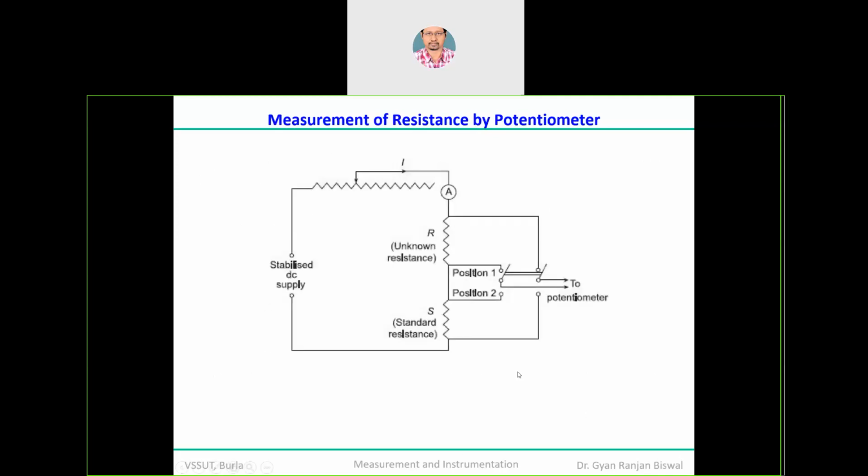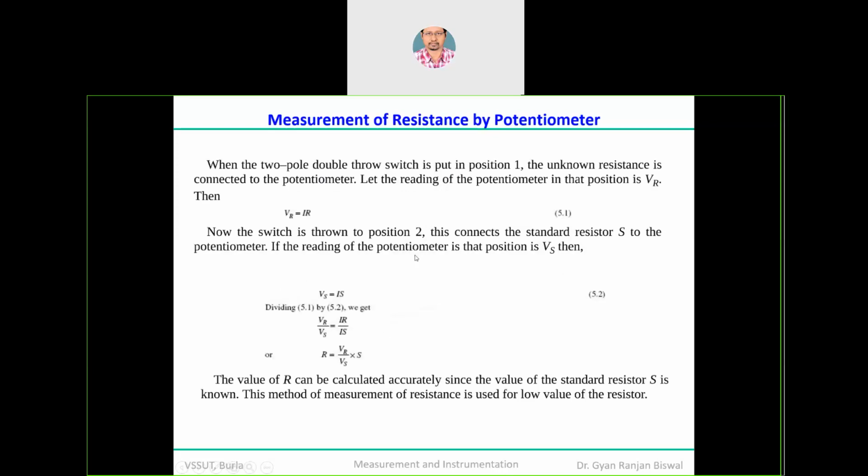S is the resistance of the standard resistor, and R is the resistance of the unknown resistance. The left hand side is already known to you.